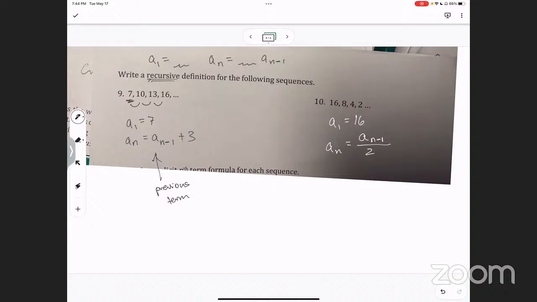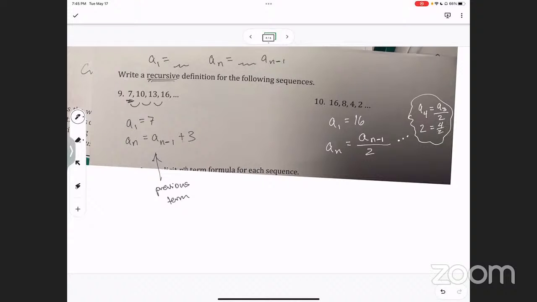So let's take a look at an example and see if we did it right. What would a sub 4 be? We don't have a sub 7 on here. According to our definition, what would a sub 4 be? It would be a sub 3 divided by 2, right? So a sub 4 was 2 and a sub 3 was 4.